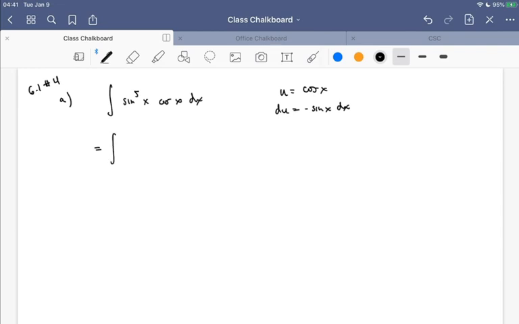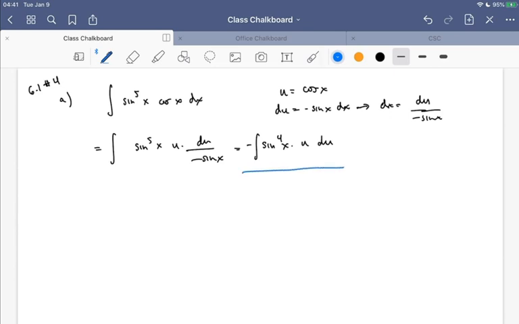So we would say this is sine to the 5th x times u times, oop, I'm sorry, I meant this should have been a du. Okay, so that's what would happen if we let u equal cosine x on part A. And this is sine to the 4th of x. Okay, and here we're stuck.